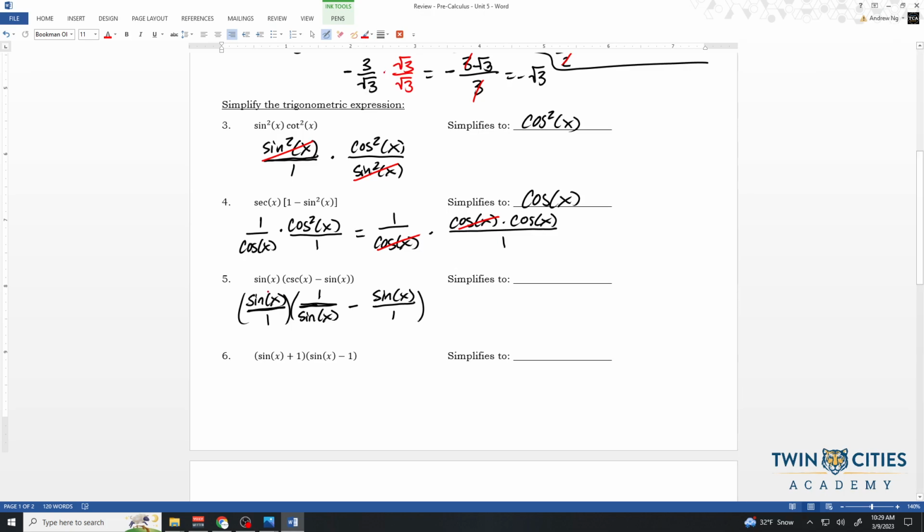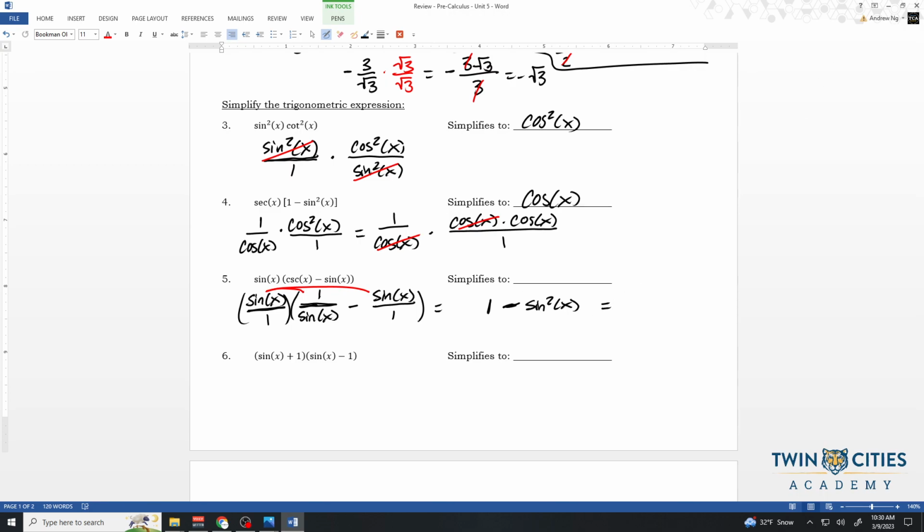Okay, let's distribute. So this sine of x over 1 will get multiplied there and there. So this will give me sine of x over sine of x minus sine squared of x. But of course, sine of x over sine of x is the same as saying 1. So I could say that this is 1 minus sine squared of x.